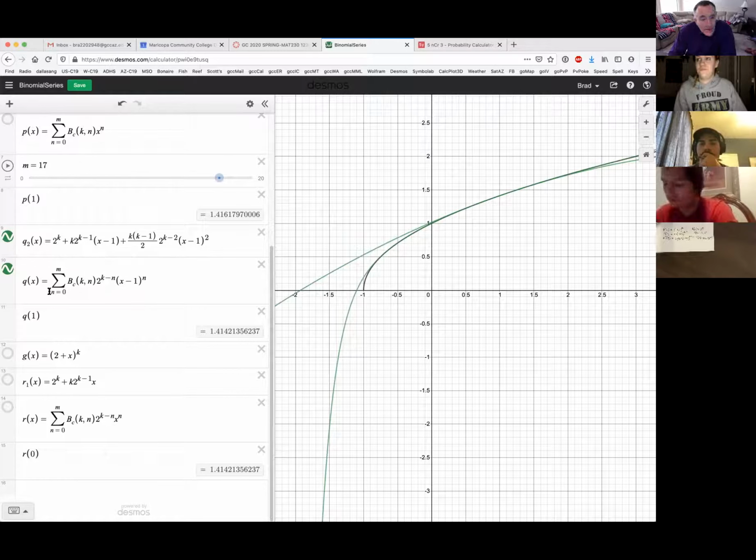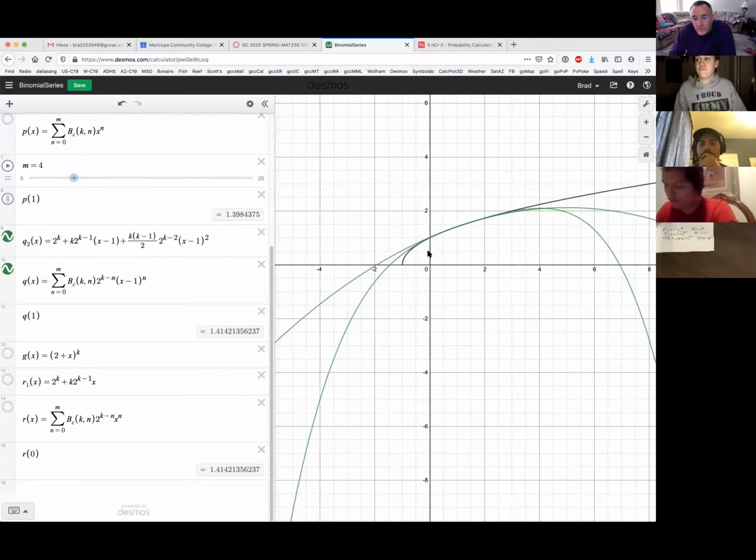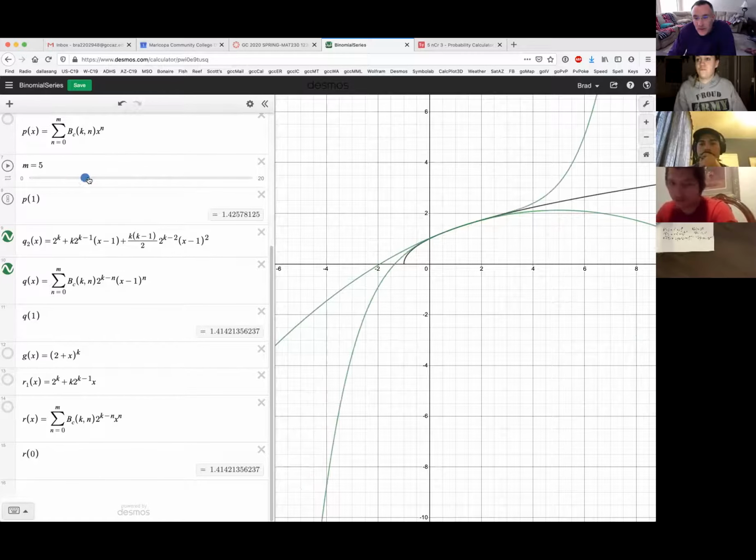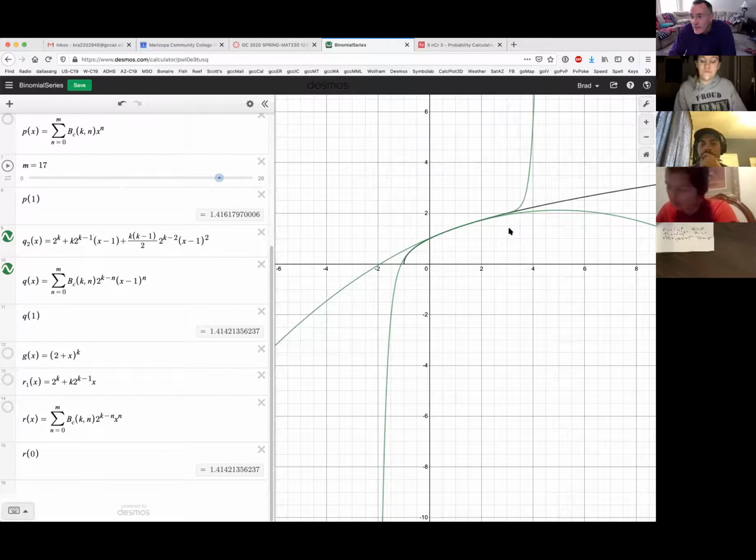And here they are. Let's see, as I change m, maybe I'll zoom out a little bit. You can see that it's fitting better and better between 0 and 3. It's between 1 and 3, yeah? Does that make sense?